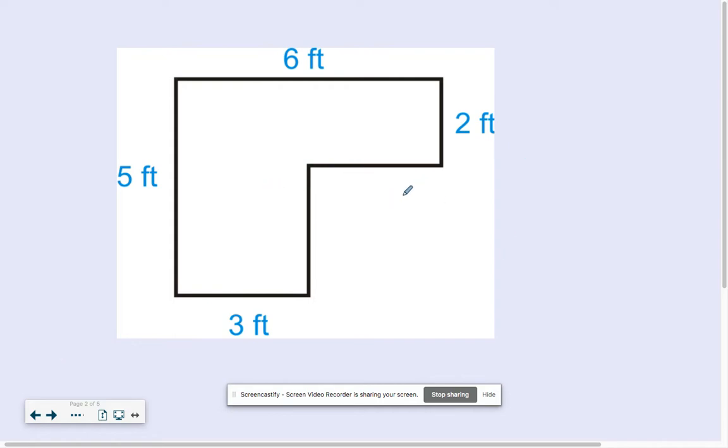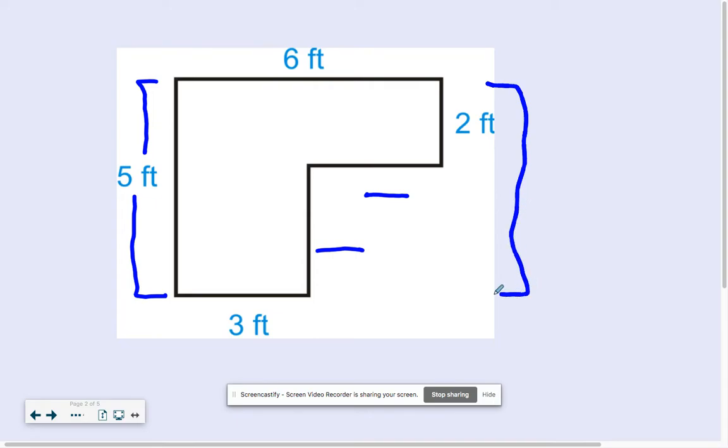Notice right here is a missing side length. And right here is a missing side length. So we need to find both of those. Over here, we have the entire side length of a side. So that means this other side has to be that same amount.